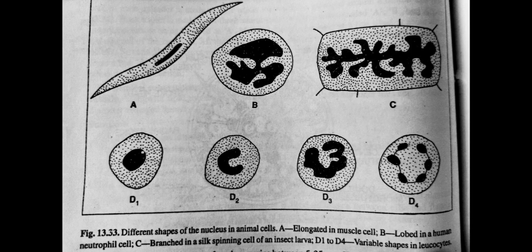In the C structure, it is branched in silk spinning cells of insect larva. D1 to D4 are variable shapes in the case of leukocytes. Leukocytes, as you know, is the scientific name for WBCs, white blood corpuscles.